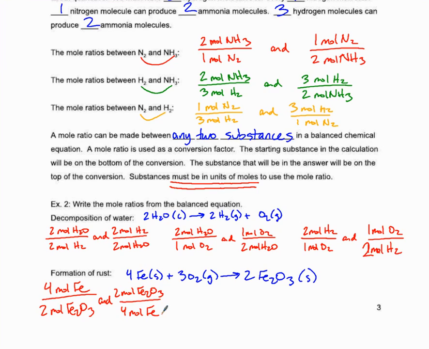You could relate the oxygen with the product. So 3 moles of O2 for every 2 moles of iron 3 oxide. And again, you can flip it upside down when necessary.